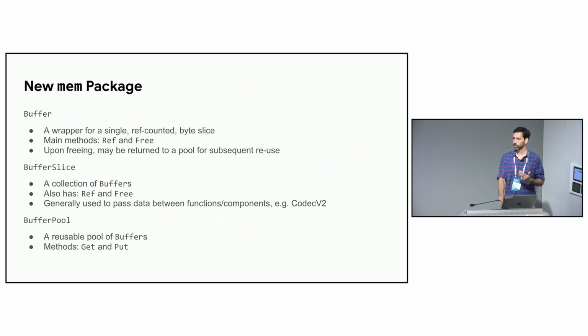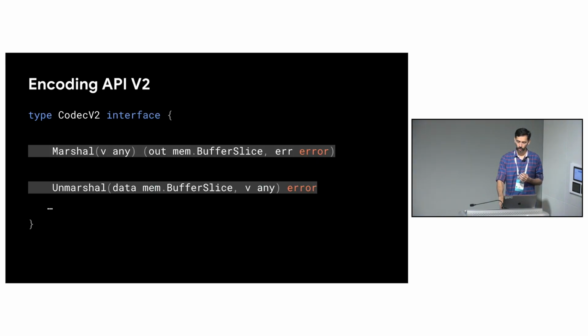It's basically a reusable pool of buffers. So instead of getting garbage collected, we put it back into the pool and reuse it. So this is how the encoding API v2 looks. Basically, we have the same marshal and unmarshal functions, but instead of taking a flat byte slice, they're now taking a mem.BufferSlice.